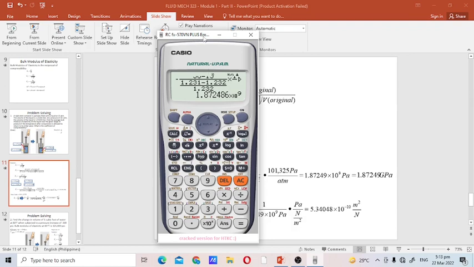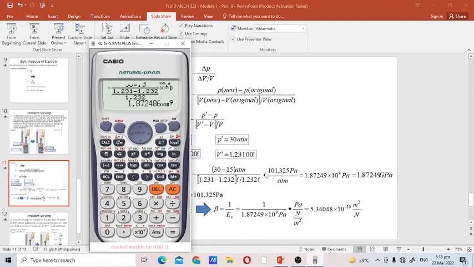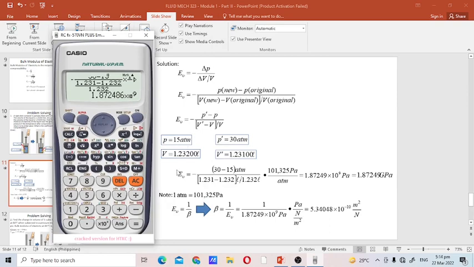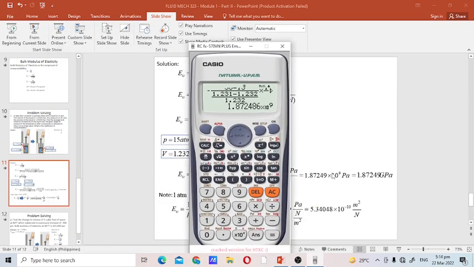That is the unit: atm cancels, liter cancels, only Pascal remains. That is the unit of the bulk modulus of elasticity. And 10 to the 9 is giga, so it is 1.87249 gigapascal, GPa.